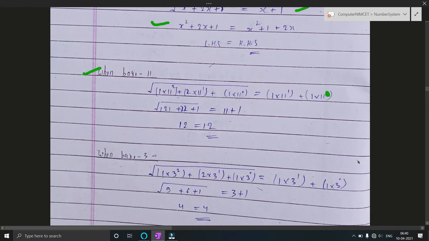So 11 plus 1 from RHS, and for LHS 11 square is 121, 11 times 2 is 22, and 11 power 0 is 1. That's 121 plus 22 plus 1, which is 144. 144 is the square of 12. So 12 equals 12 we get if base is 11.